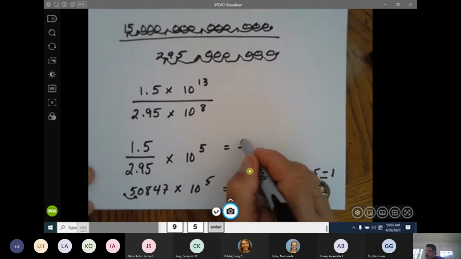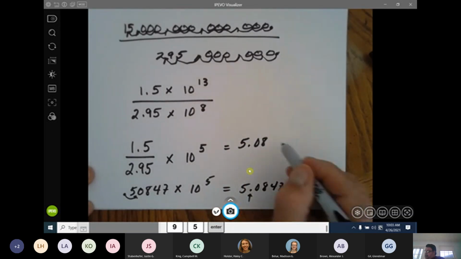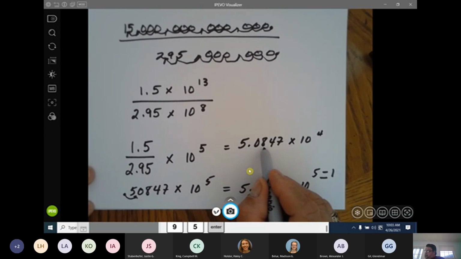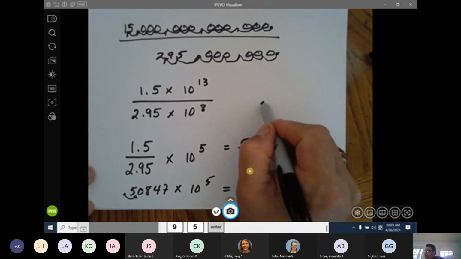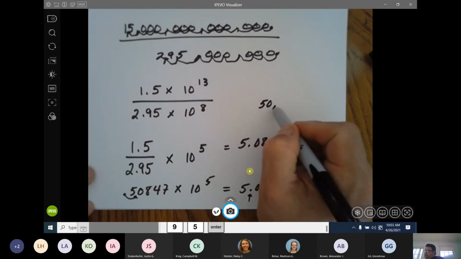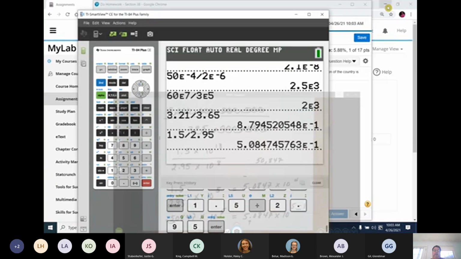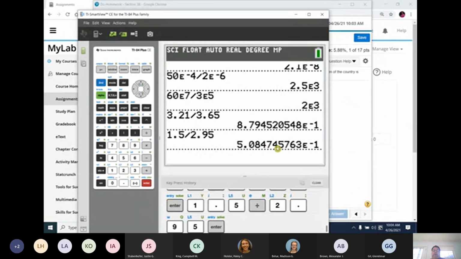And that's going to be 5.0847 times 10 to the 4th, which would be 1, 2, 3, 4, which would be 50,847. Let me look at the calculator to make sure that that 7 is a 7. Yeah, because that 4 does not bump it up to an 8. So 50,847.